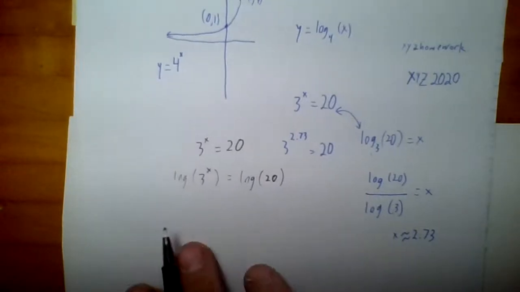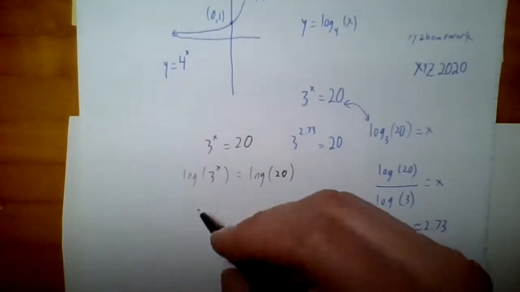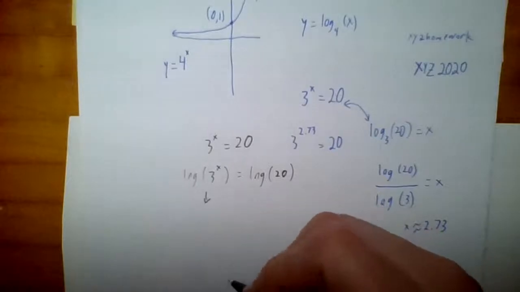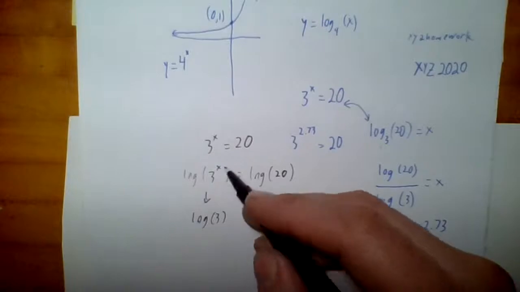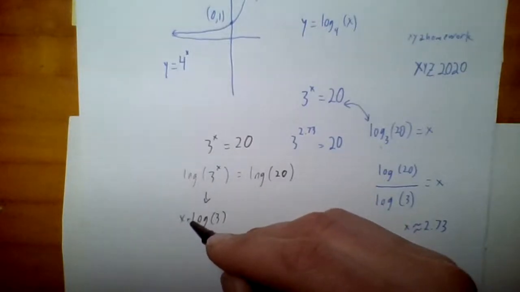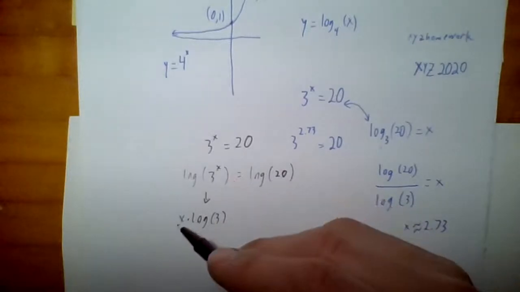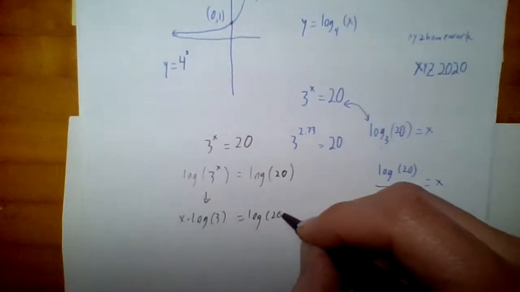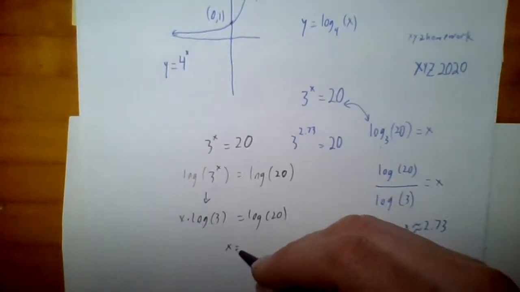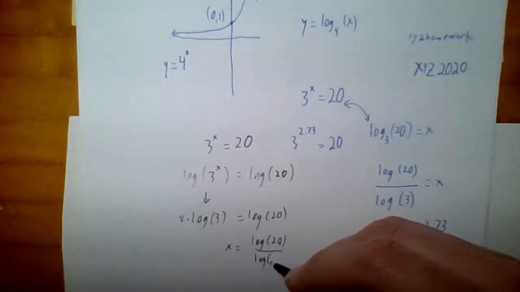That's the regular base 10 log that I'm using. And the fact is, when I have the log of a power, you can rewrite this thing. This is one of the rules that we're getting used to, that this is the same as x times log of 3. Any exponent like this can be turned into a multiple. So that didn't change anything. That's still equal to the log of 20, and that's how I know that x can be calculated doing log of 20 divided by log of 3.